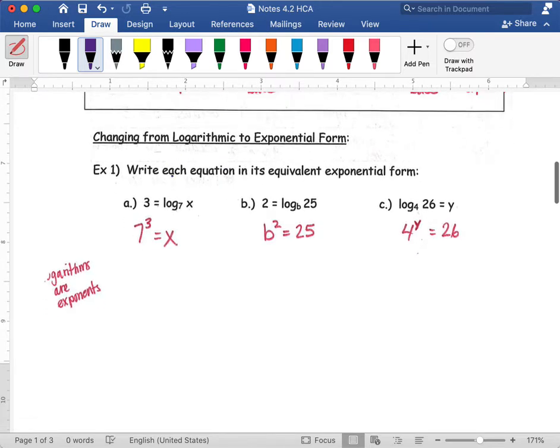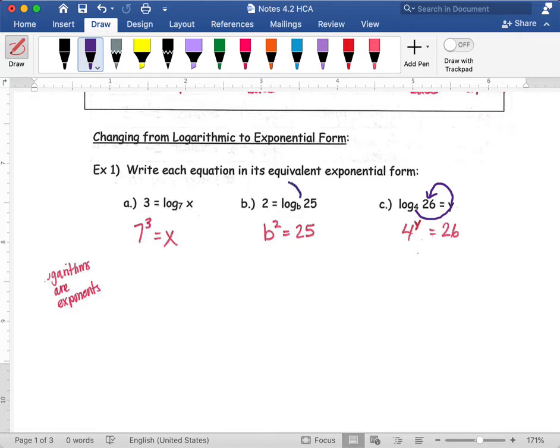So we're going to change from log form to exponential form. Sometimes it says 3 equals log base 7 of x, or over here in part C, this is log base 4 of 26 equals y. But you do the same thing. It almost makes like this spiral thing, where base 4 to the power of y equals 26.